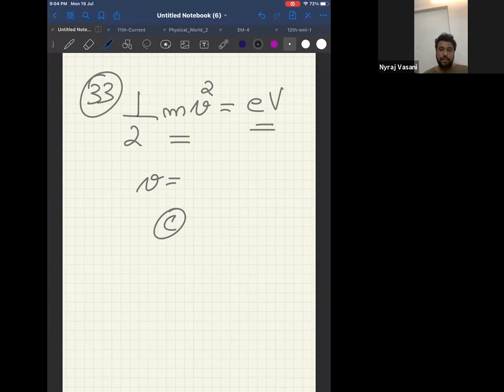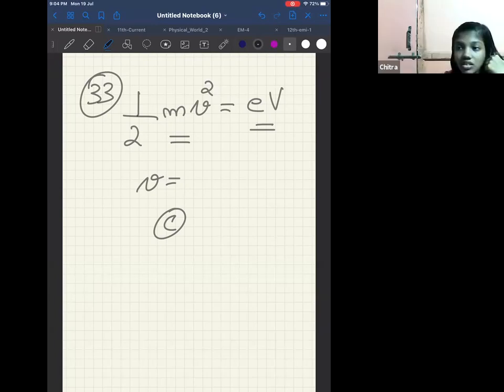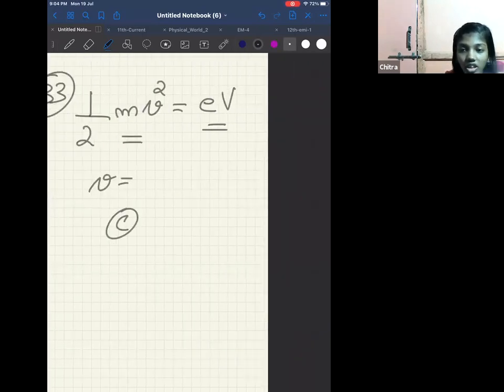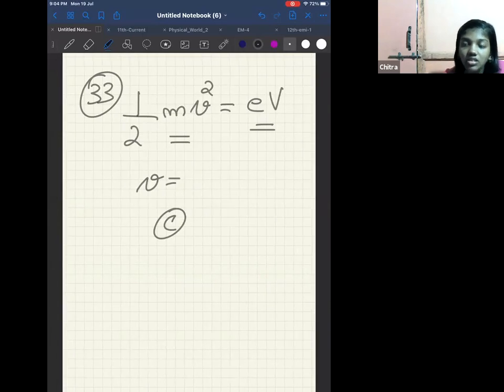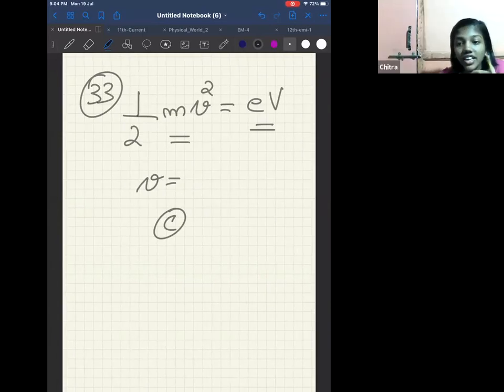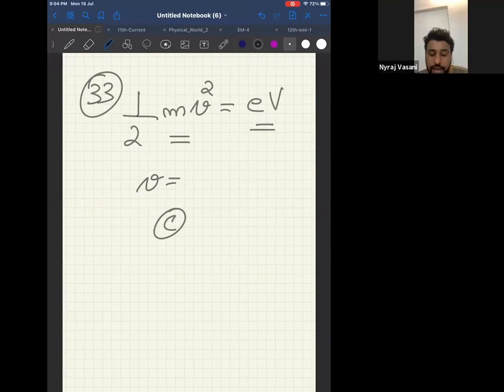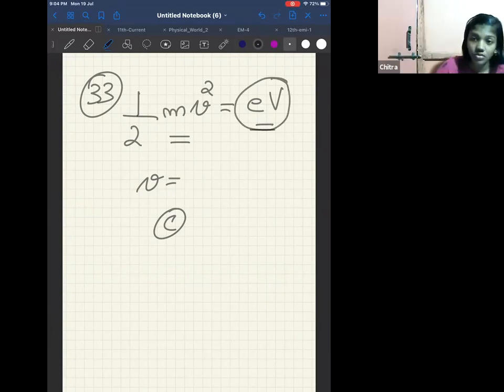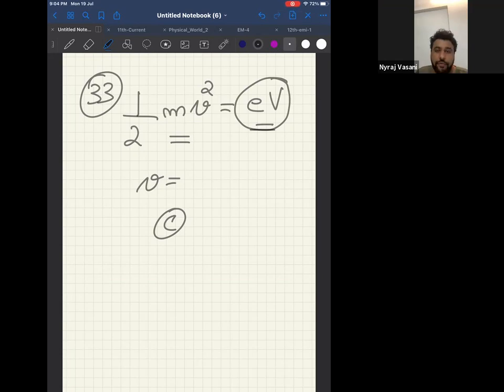Someone was asking why I took eV. eV is the energy in a potential field. For example, the question says the electron is accelerated through a potential difference in vacuum.